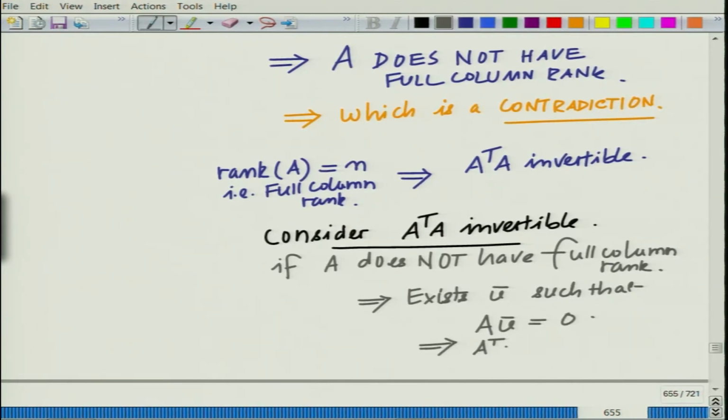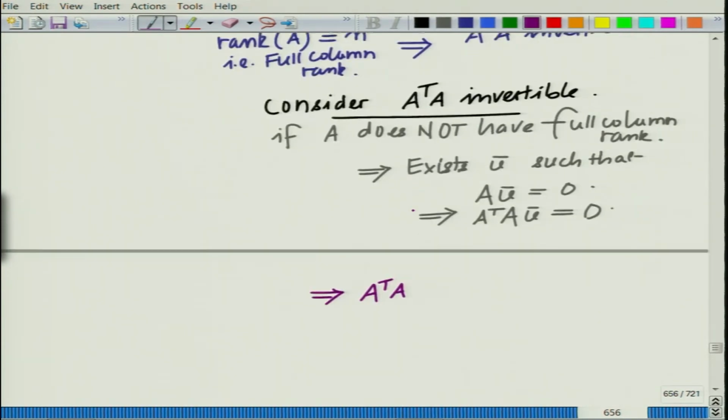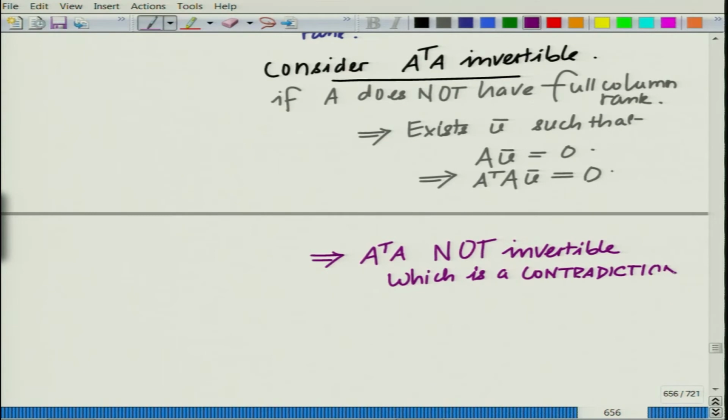Multiplying it by A transpose, we have A transpose A u bar equals 0, which implies A transpose A is not invertible, which is once again a contradiction.